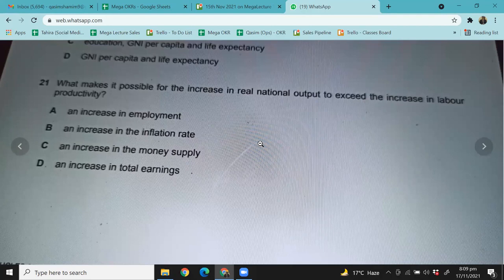The options are: increase in employment, increase in the inflation rate, increase in the money supply, increase in total earnings. What makes it possible for the increase in real national output to exceed the increase in labor productivity?